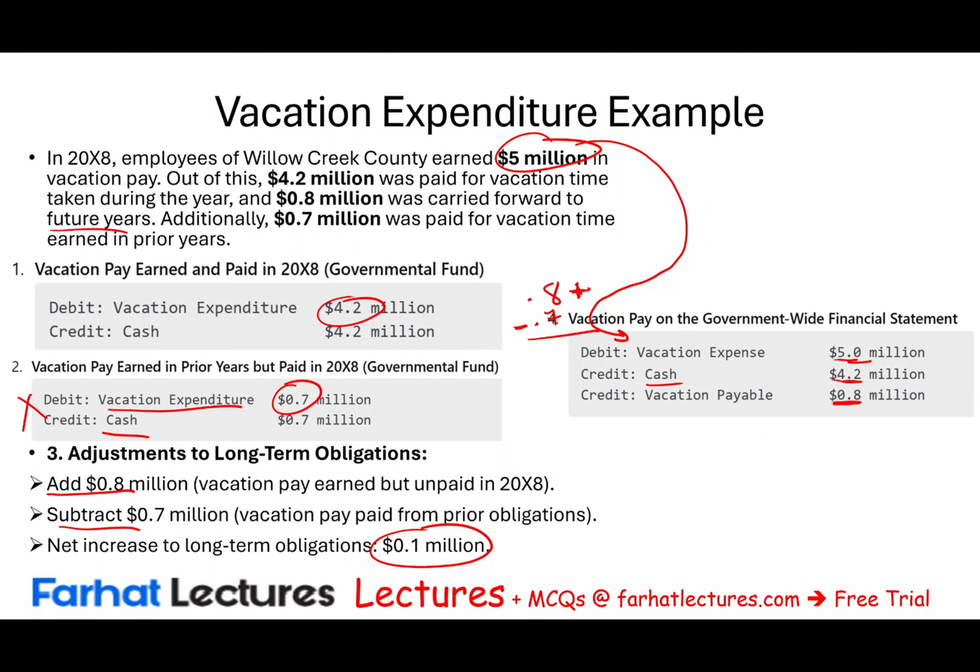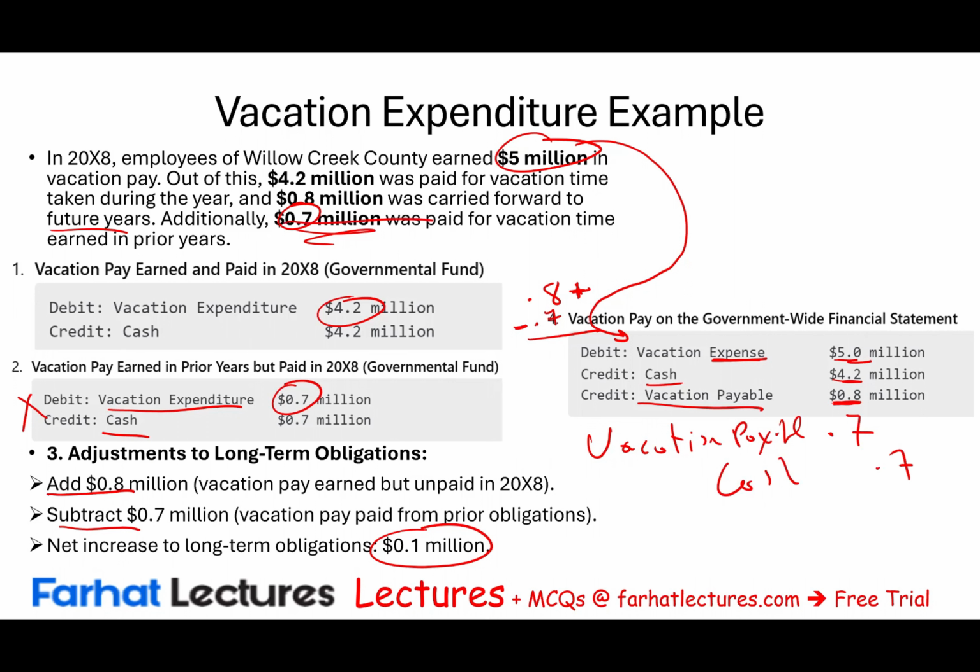Now, you might be saying, how about the 0.7? The 0.7 will be a debit to a liability: debit vacation payable 0.7, credit cash 0.7. I should have put it on the slide.